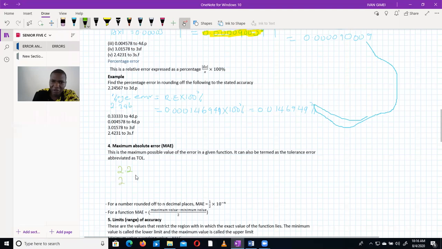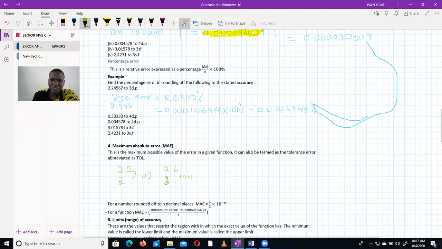What have I done in between here? I've ignored 0.2 to come up with that. If I have a value, let's say 2.6, and I round off this, I'm going to have 3. What have I done here? I've added 0.4.